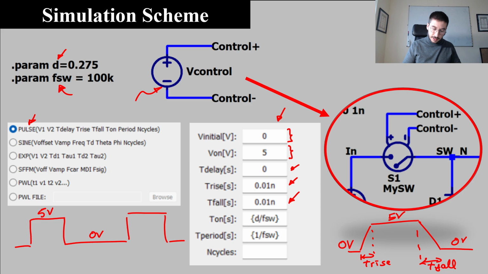What is T-on? T-on is the amount of time the voltage signal is on high value. So this is T-on. And finally, this is T period.